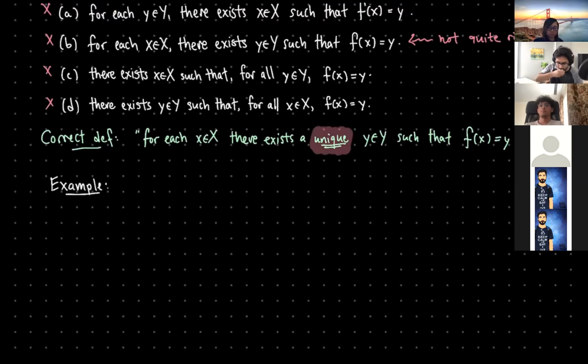Here's a simple example. Maybe I'll just take the function f, whose domain is the natural numbers, and the codomain is also the natural numbers. So this first thing here represents the domain, and this represents the codomain.